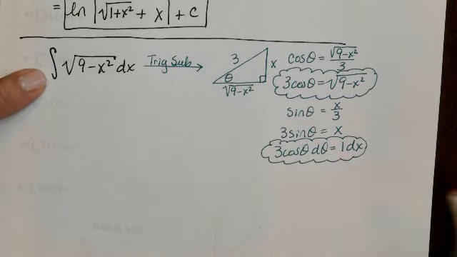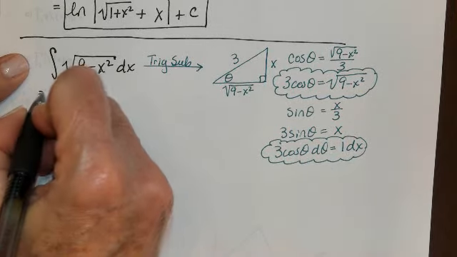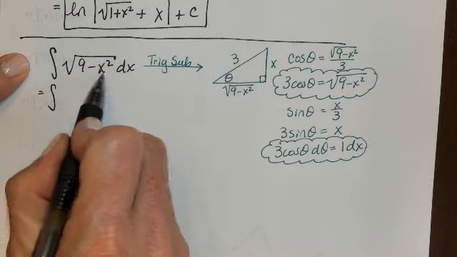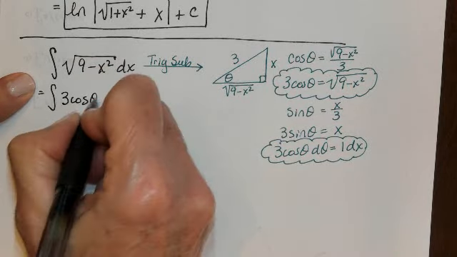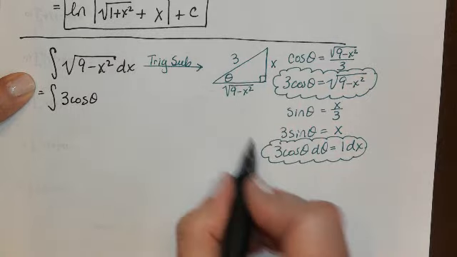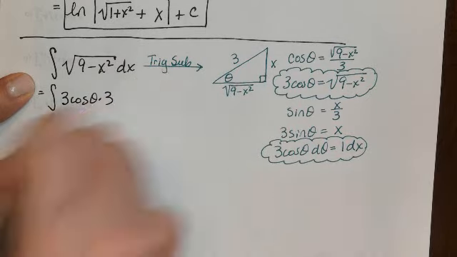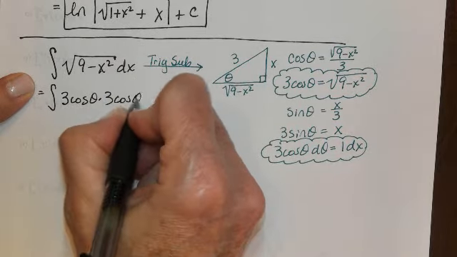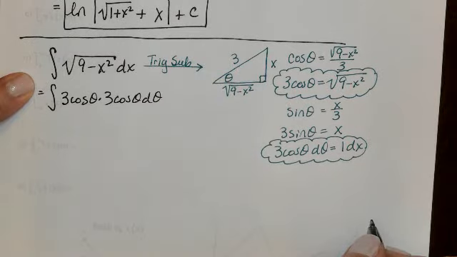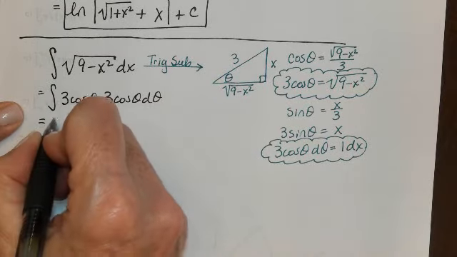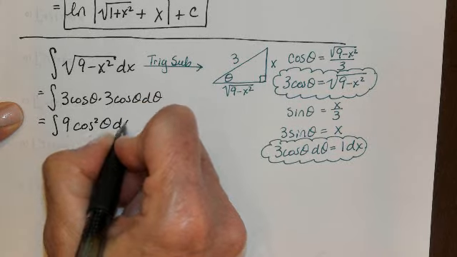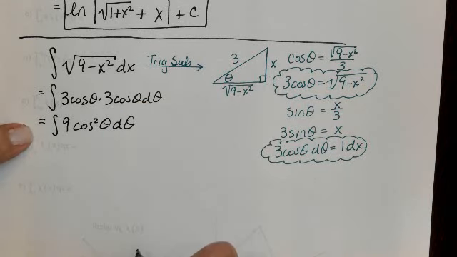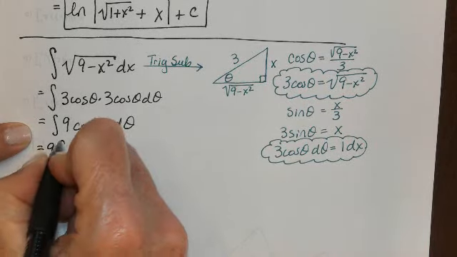So now we're coming back over. In place of the square root of 9 minus x squared, I'm putting 3 cosine theta. In place of dx, I'm putting 3 cosine theta d theta. So this gives me 9 cosine squared theta d theta. And we learned yesterday how to handle that. I'm going to bring the 9 outside.